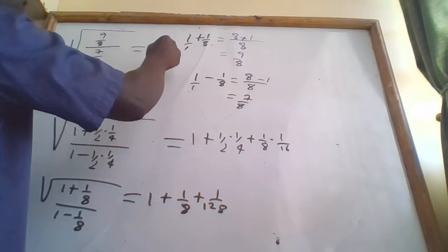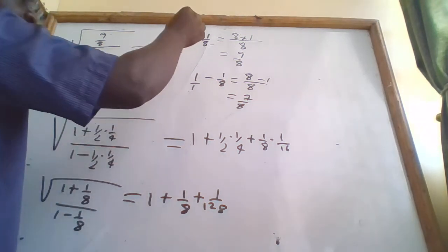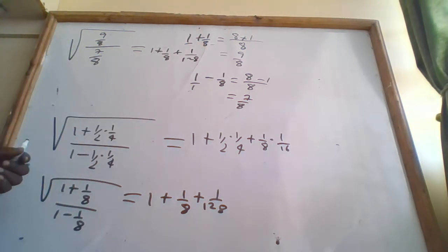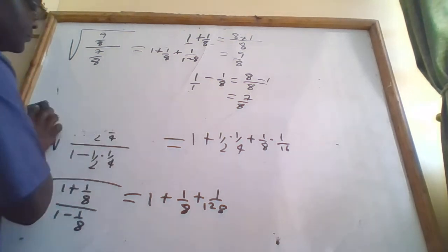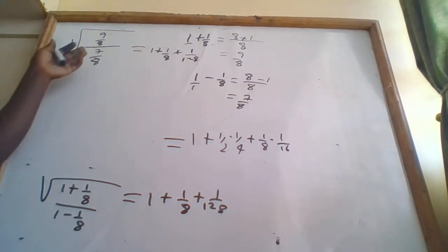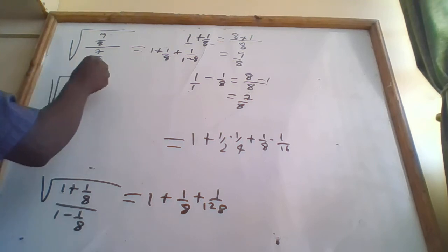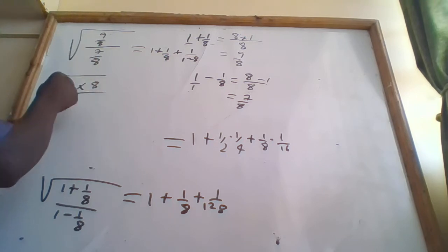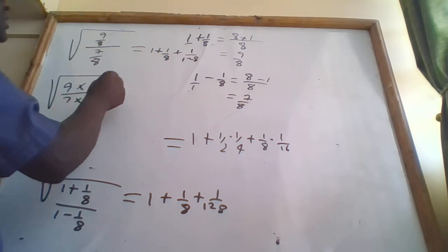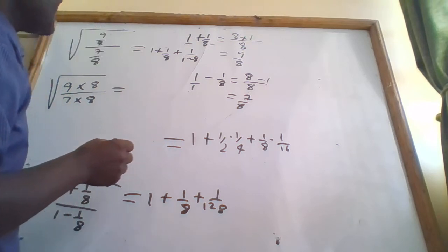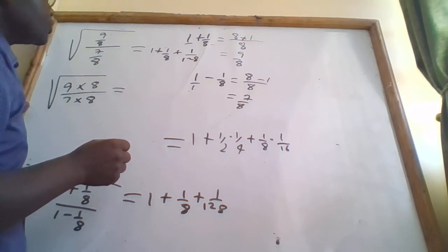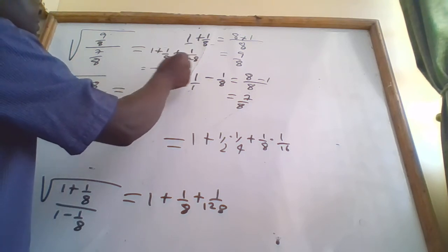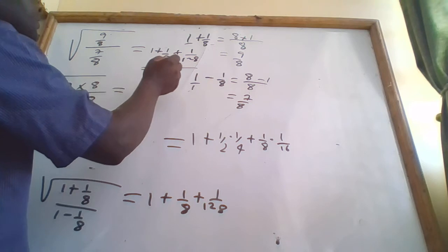equals 1 plus 1 over 8 plus 1 over 128. Now this is the same as the square root of 9 times 8 over 7 times 8 equals, now the LCM of this is 128.